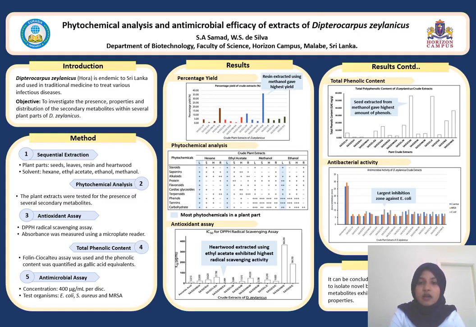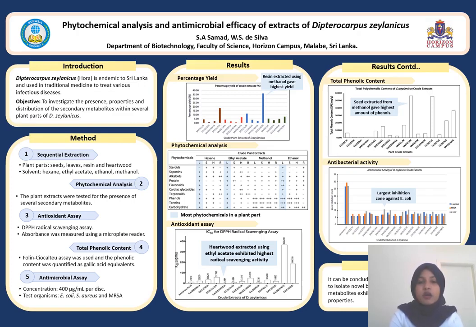For instance, resin with methanol gave the highest yield, but with hexane it gave a slightly lower yield. This may be due to the polarity of the solvents used, which affects the amount of secondary metabolites which can be extracted at that polarity.